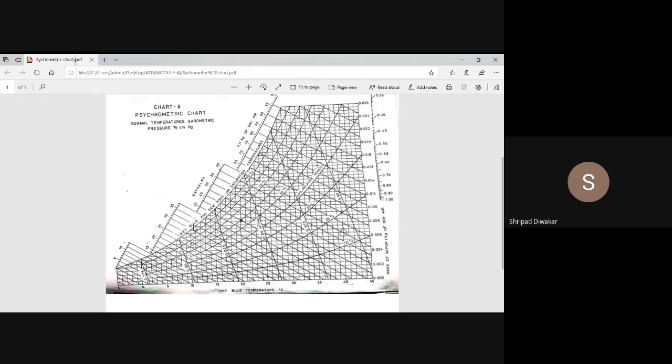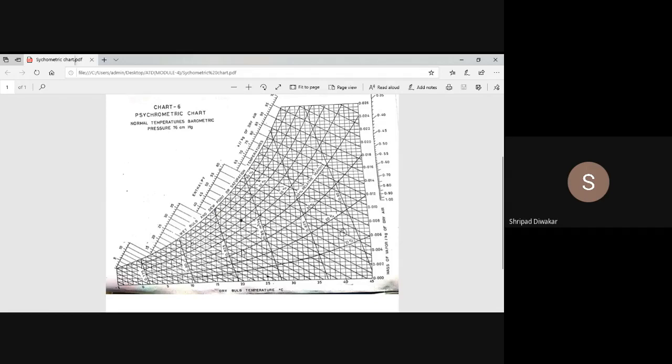WBT lines are inclined, so move down to where it cuts the 20 degree DBT. This is the intersection point. Once you locate the point, you can find all the properties very easily.